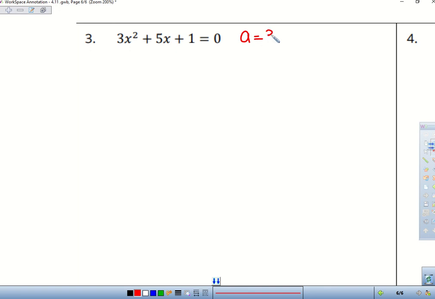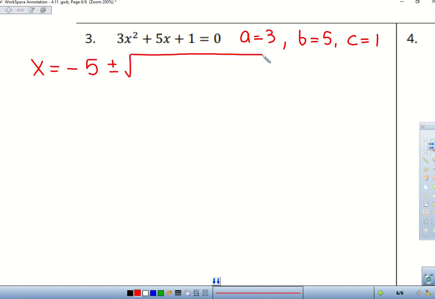So A is 3, B is 5, C is 1. Formula: x equals negative b plus or minus the square root of b squared minus 4ac all over 2a.